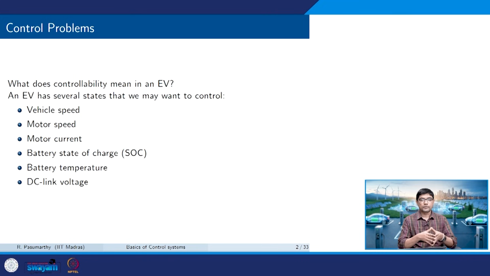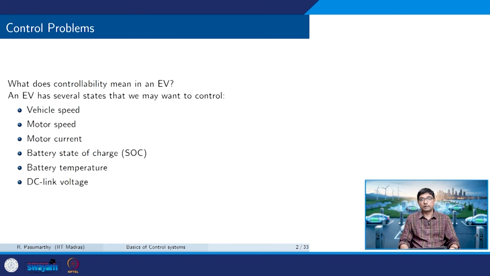So, again, what are these control problems, especially in the context of an electric vehicle? Typically there are several states that we may want to control. An obvious one is the vehicle speed, which may correspond to a motor speed and a corresponding motor current. Also of interest is the state of charge of the battery, and how you would control or even estimate that.